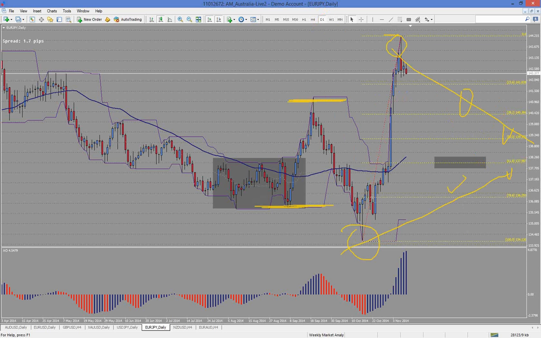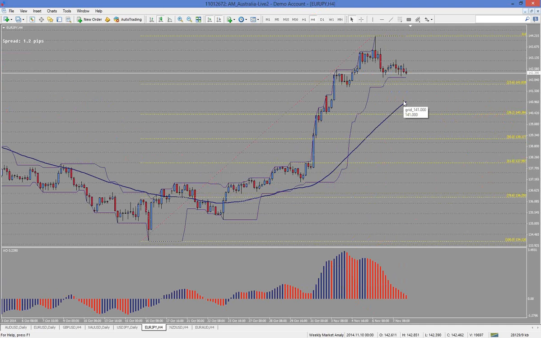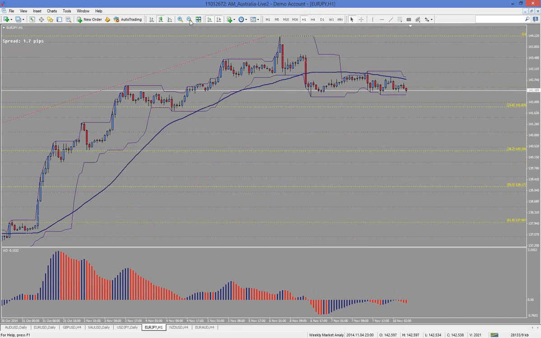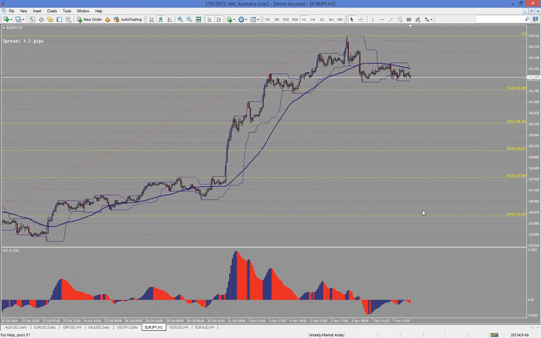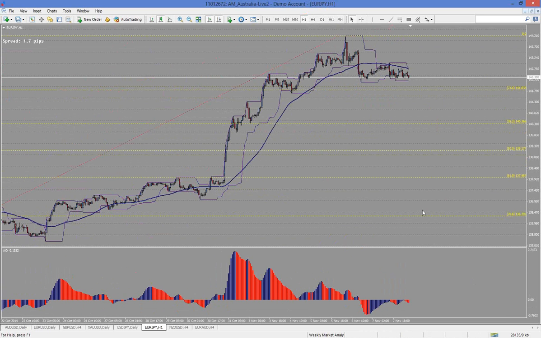So let me jump out a few time zones and let's see if I can see anything on smaller time frames. Bear with me. There's a bit of a breakout trade on the downward side on a 1 hour chart.